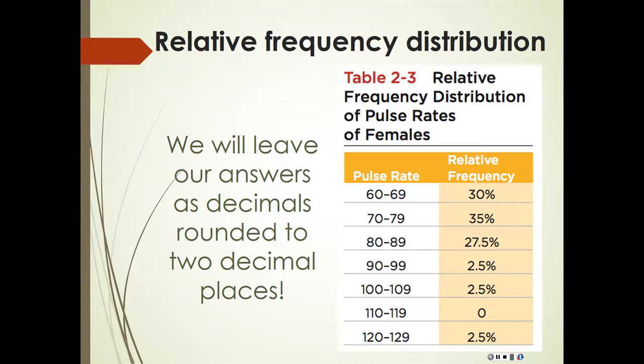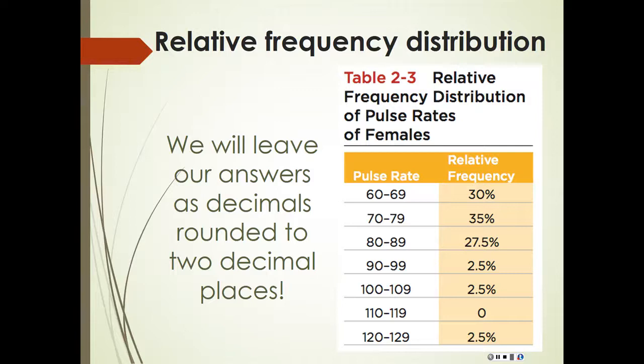I didn't mention it before, but it's important to point out to you that even though there were no pulse rates in the 110 to 119 category, you can't skip that category. For one thing, you never know if you took another sample and tried to put them in the same table, you might have some in that category.